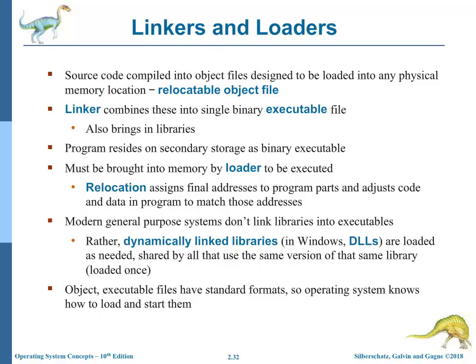Then the linker combines these relocatable object files into a single binary executable file. During the linking phase, other object files or libraries may be included as well, such as the standard C or math library. A loader is used to load the binary executable file into memory, where it is eligible to run on a CPU core.